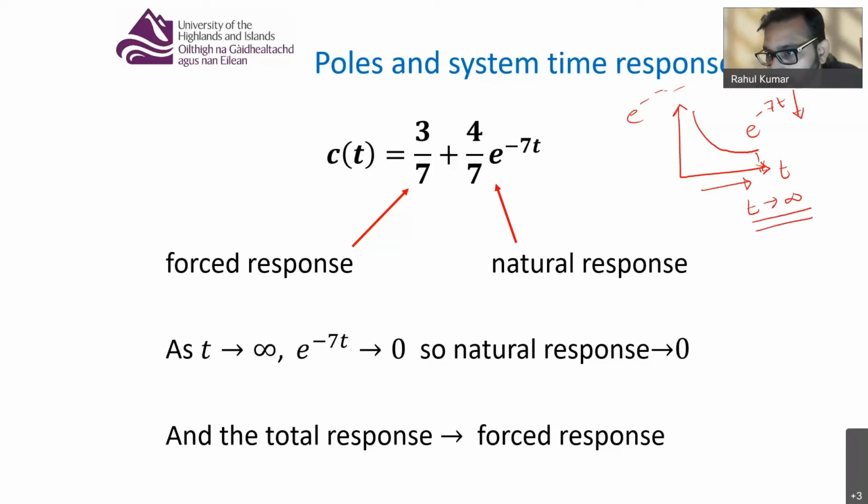Finally, at a very large value of time, e to the power minus 7t becomes 0. So the natural response will go to 0, and the total response will be only because of your forced response, because the second term becomes 0.